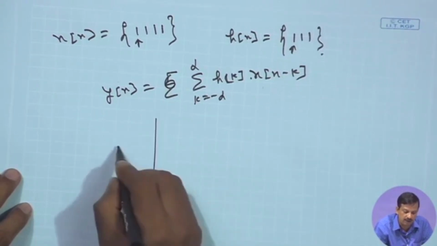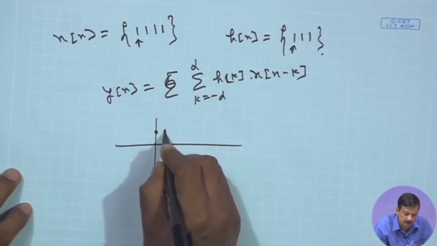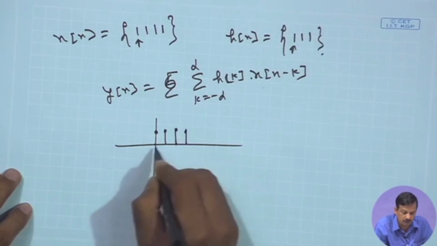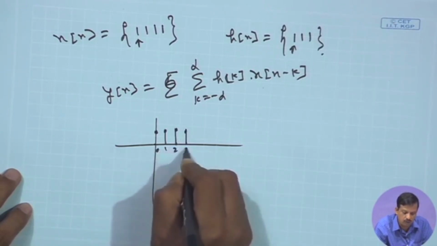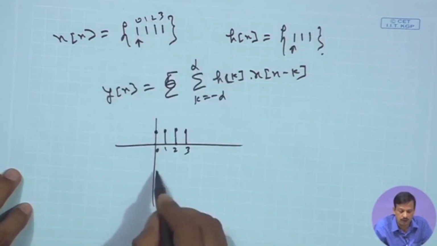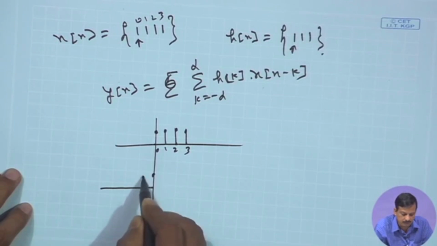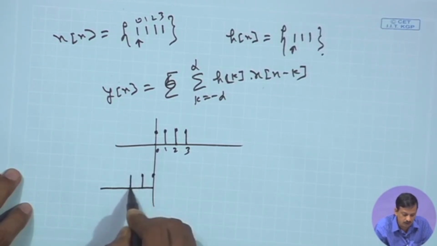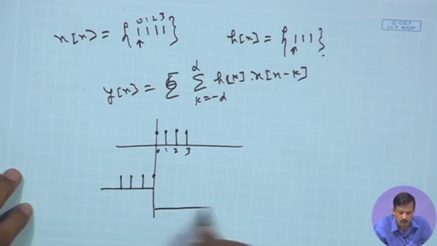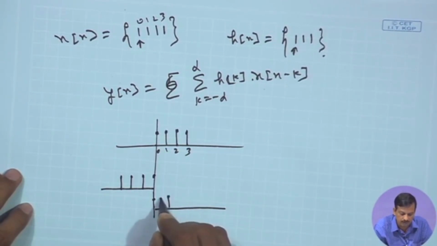If I draw it, this is x[n]: first sample, second sample, third sample, fourth sample, so 0, 1, 2, 3. If I want to fold it, it will be on this side. And if I want to plot h[n], it is nothing but 1, 2, 3.